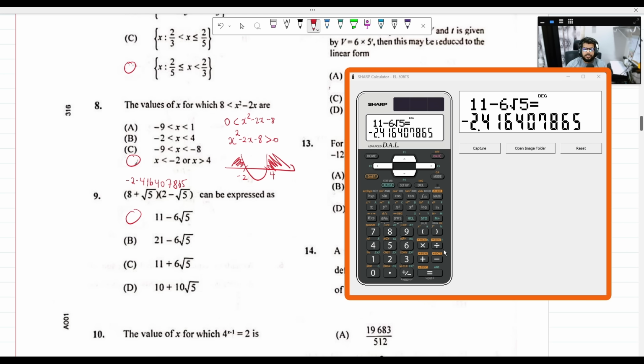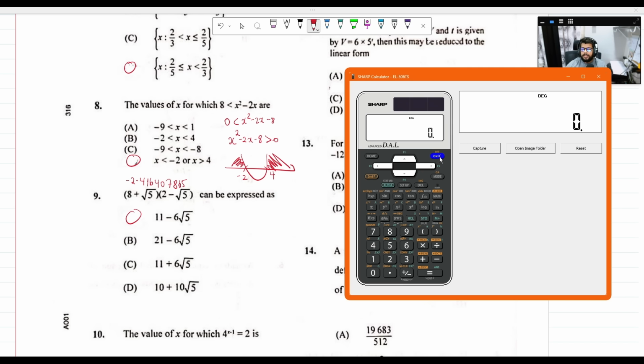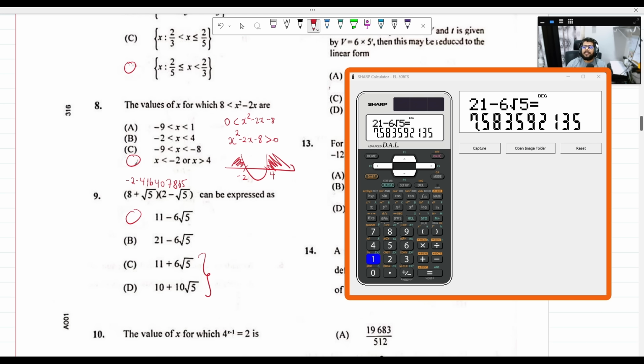Let's check and see the others just to show you all how we're going to eliminate and make sure that we have the correct answer. 21 take away 6 root 5, that is 7.5. We're looking for negative 2.416 and change. Now these two here could never ever in the world give me a negative number, because it's 11 plus something and it's 10 plus something. Cool? So we could never get a negative number for C and D. So I know for sure the answer is A.